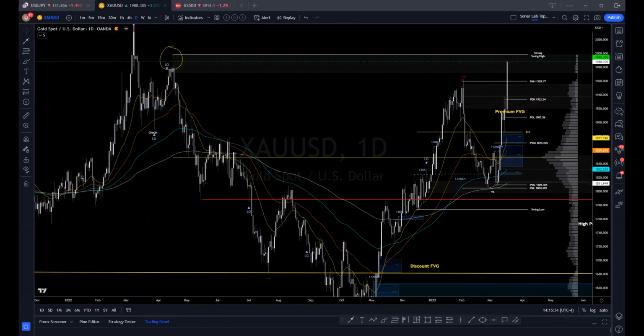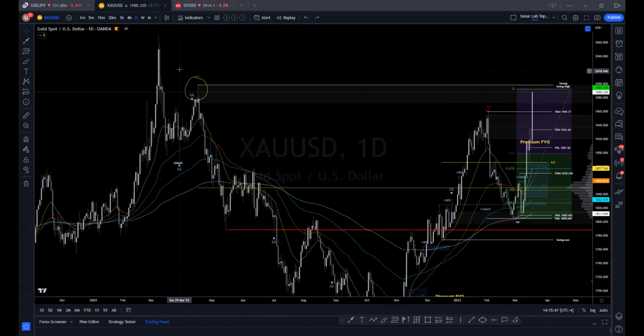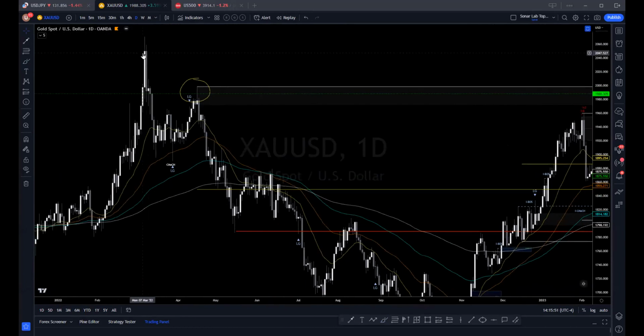Let me put that back because I want to get this 50% marker. So I'm looking for a snapback of these candles here, looking for this rejection. And here we got a tweezer top rejection candle on a higher time frame.